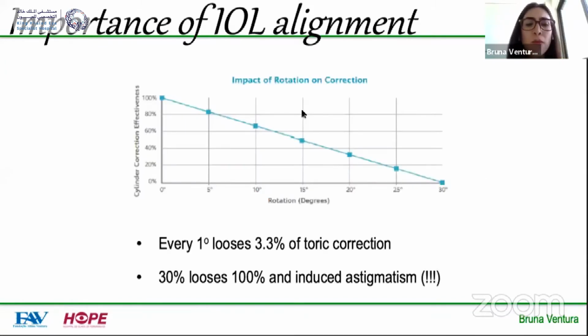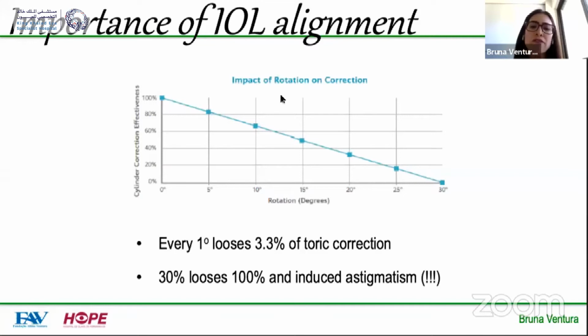It's very, very important for us to remember, we all know this table here, which says that every 1 degree of lens misalignment makes us lose 3.3% of toric correction. But it's very important to understand that when we rotate a toric lens, when it's misaligned, it's not only that we lose the amount of toric correction, we also induce astigmatism in another axis that the patient wasn't used to.